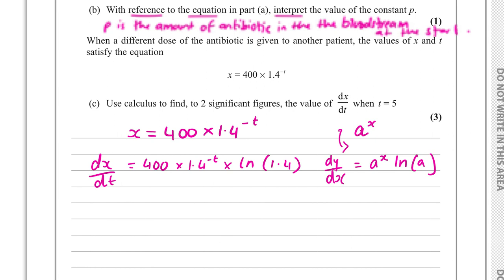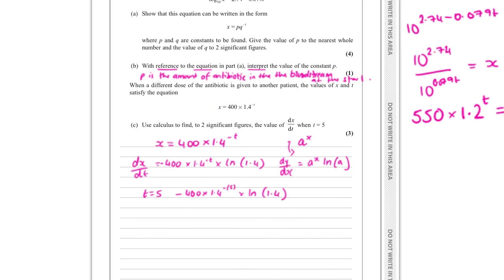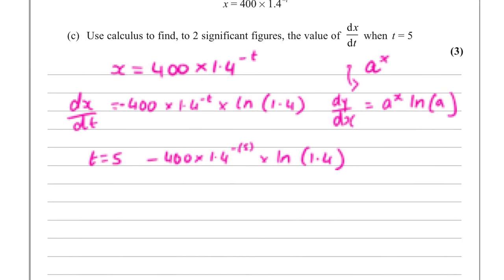Oh, and we also need to multiply by the differential of the power. Now, minus t differentiates to negative 1, so that becomes minus 400. So now we're going to substitute t equals 5 because it wants to know. I'm going to put in my calculator minus 400 times 1.4 to the minus 5 times ln of 1.4, to two significant figures.